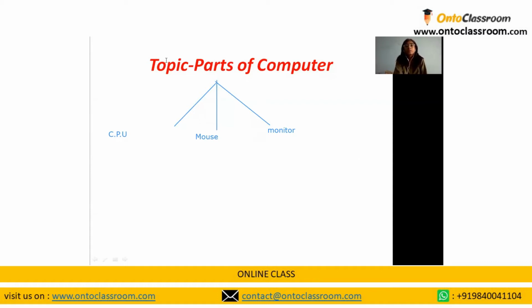Now, in CPU, there is some specific type of working. CPU has three more things. First, memory unit. Second, arithmetic unit.